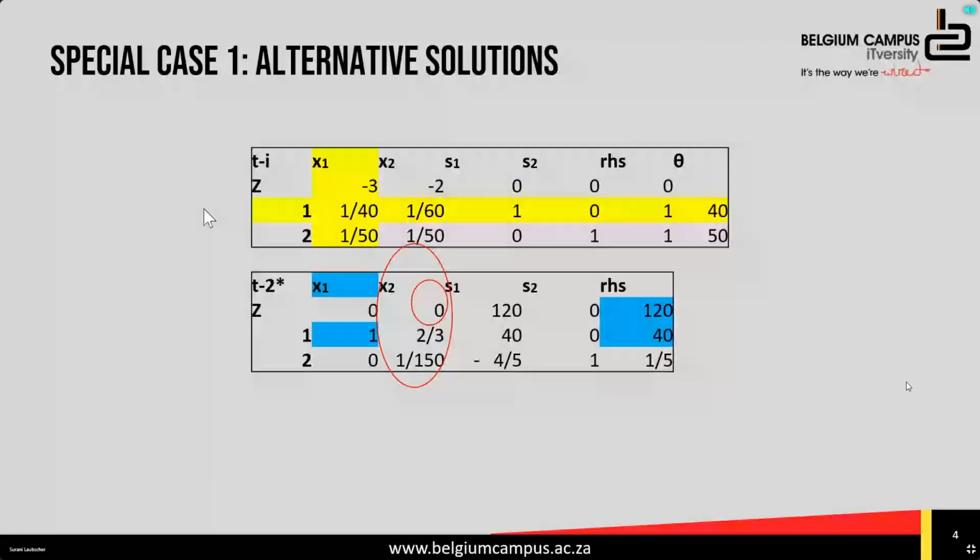What is an alternative solution? There are two or multiple solutions. Graphically, you take your iso line, you move it to the max point, and it goes through multiple places. If it only goes through one place, it's unique.